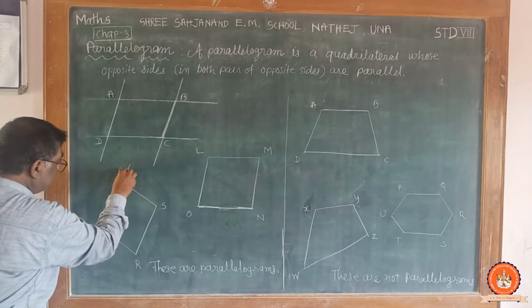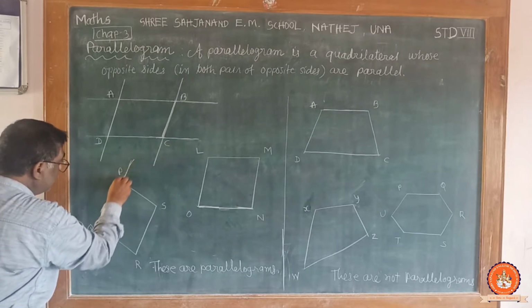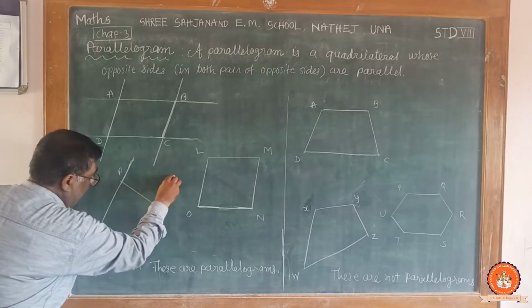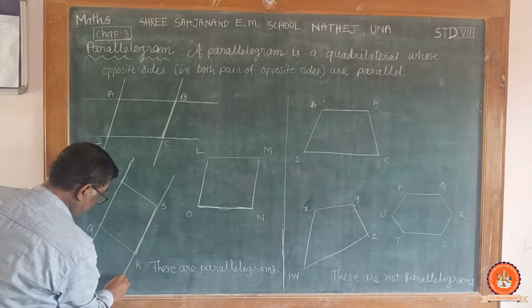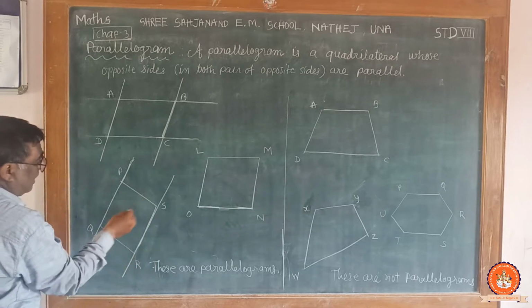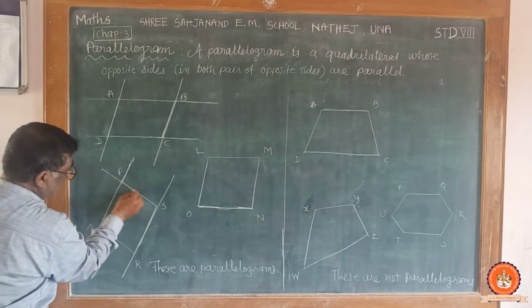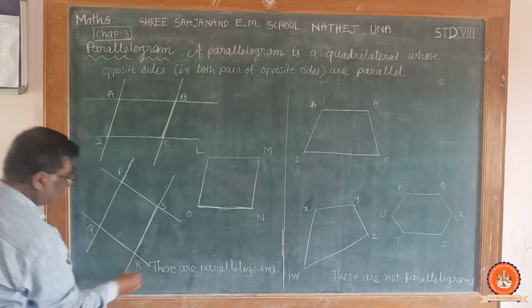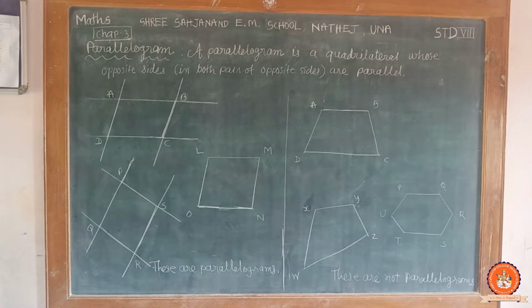If you produce side PQ and side RS, they are parallel, and side PS and side QR also seem to be parallel, so both pairs of opposite sides are parallel.